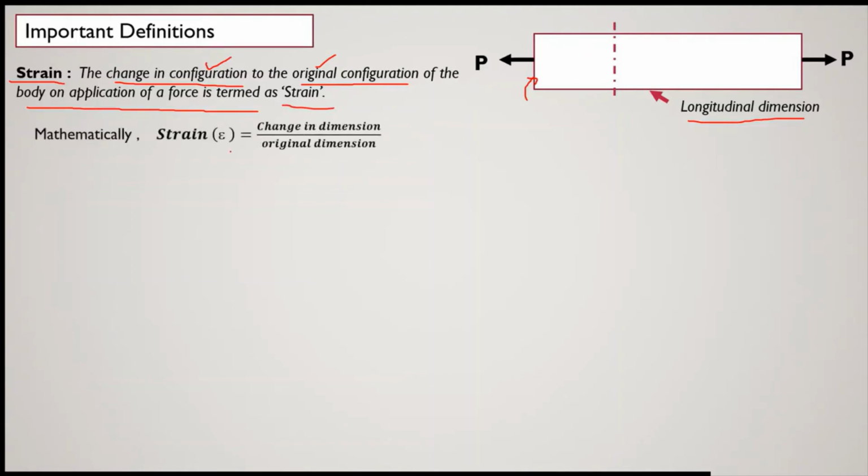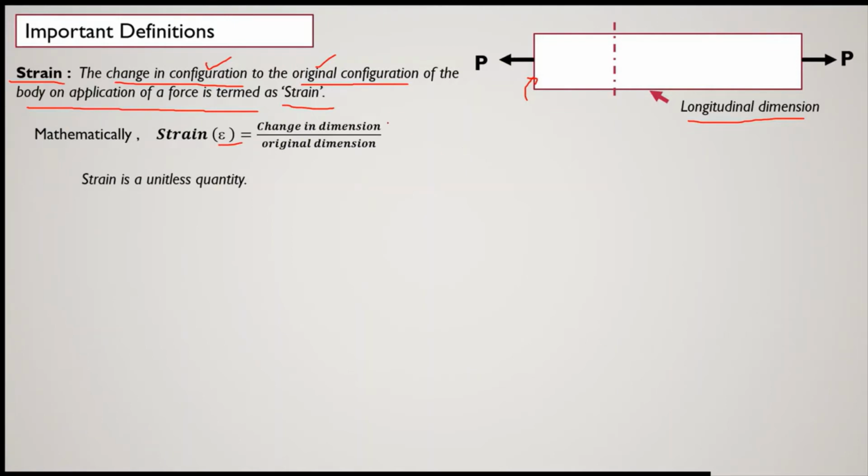Mathematically, we will write strain is equal to the ratio of change in dimension to the original dimension, and the symbol we will be using for strain is epsilon. This is a Greek letter, the symbol for strain. Whenever you study strength of material, whatever the topic, whenever you come across strain, you will be using this symbol epsilon.